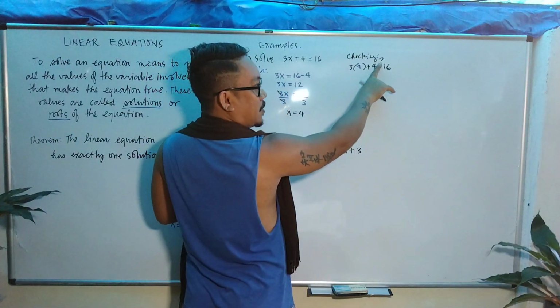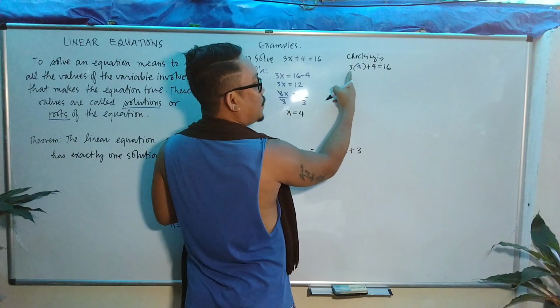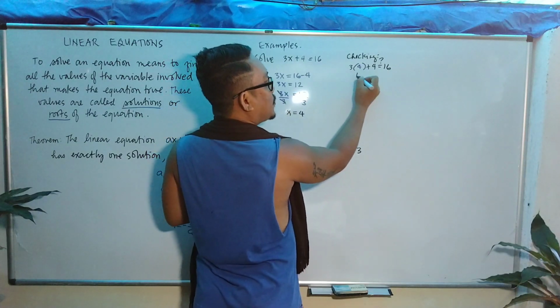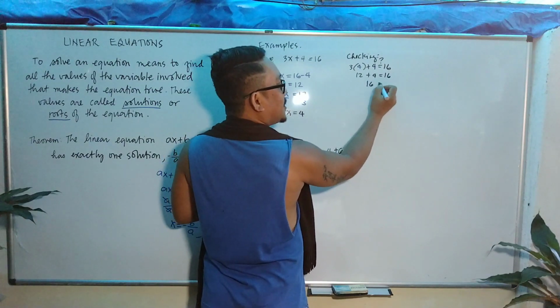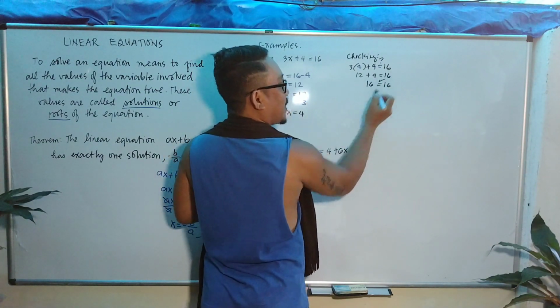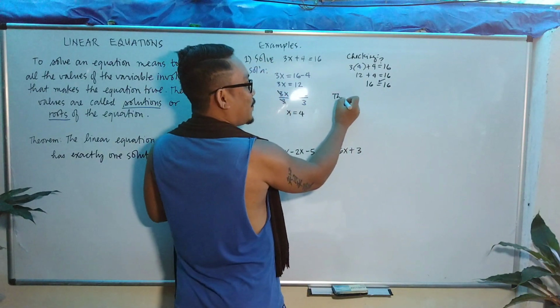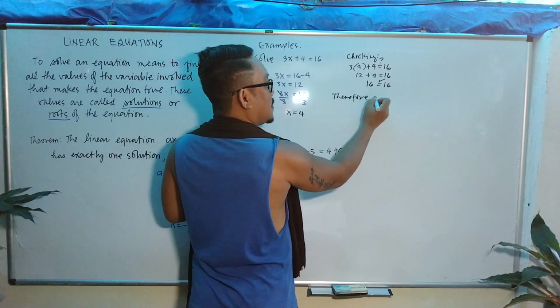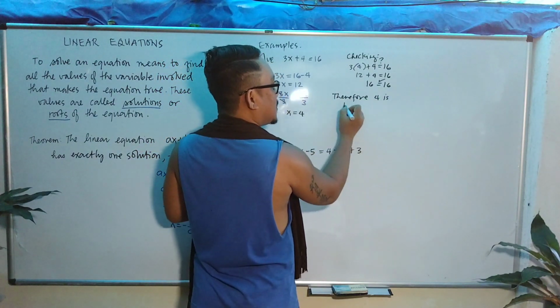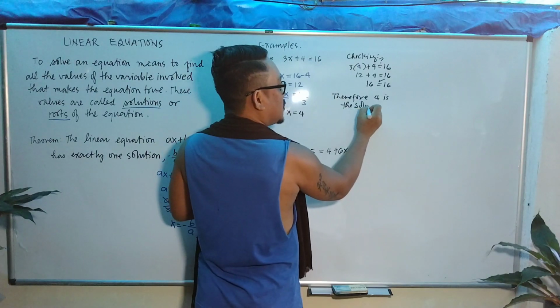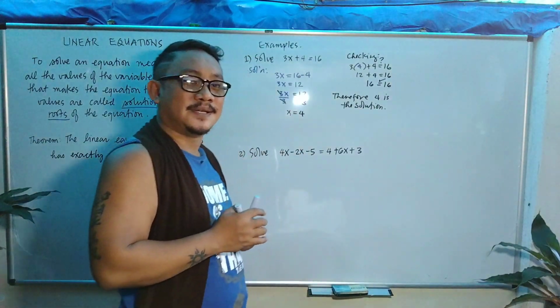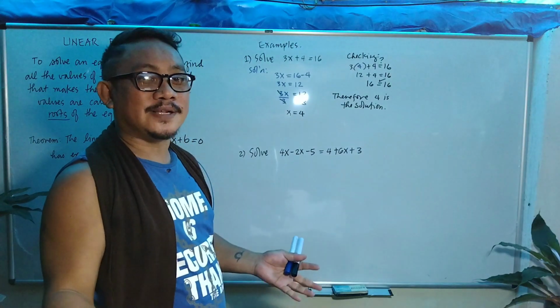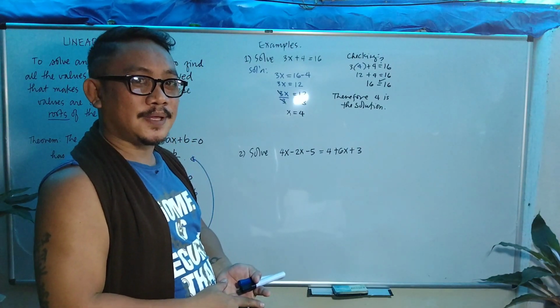So we need to put a question mark in here. So let's try. 3 times 4, you have 12, plus 4 is equal to 16. So 16 is equal to 16. So that is correct. So therefore, 4 is the solution. Did you get it, class? Okay.